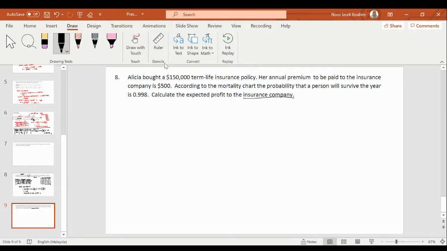So there are two outcomes when we have the insurance policy: the client stays alive, or the client dies or passes away.